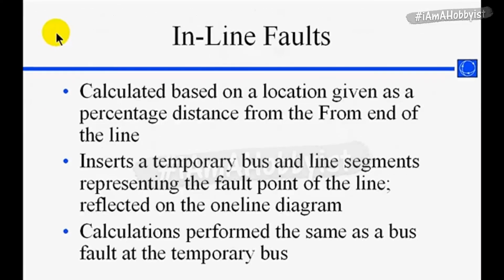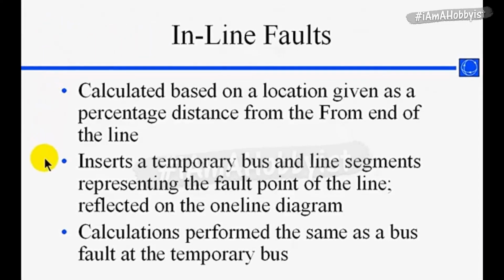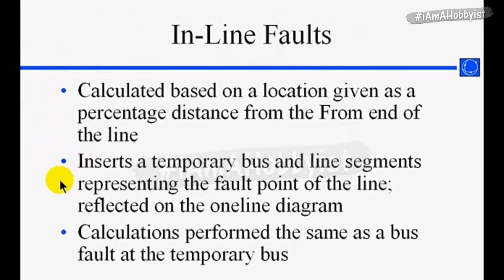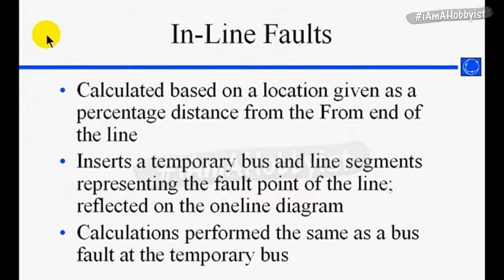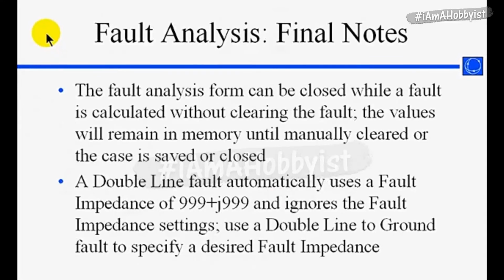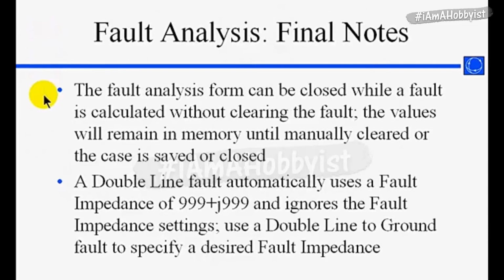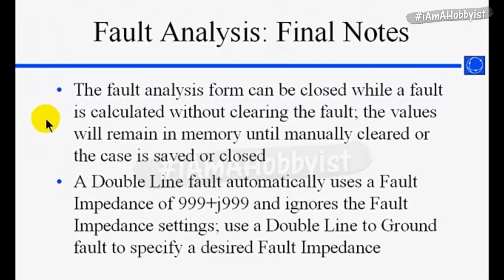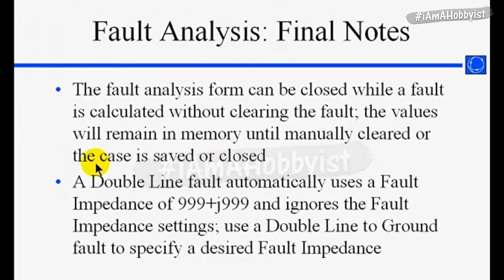This slide explains the calculation used for the inline faults. So it provides a temporary bus located at the fault point. In our example earlier, we chose to clear the fault when we closed the dialog, but you can also close the form just using the Close button and then leave the fault values in memory until they're manually cleared or the case is saved or closed.